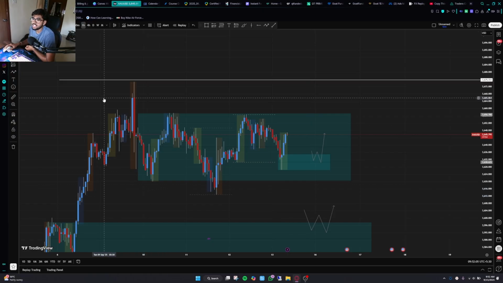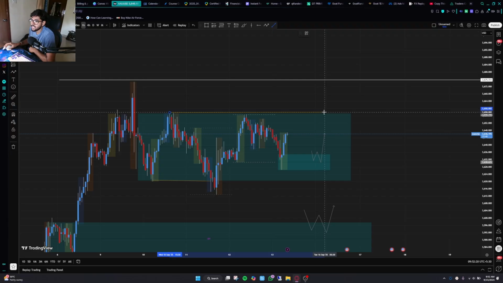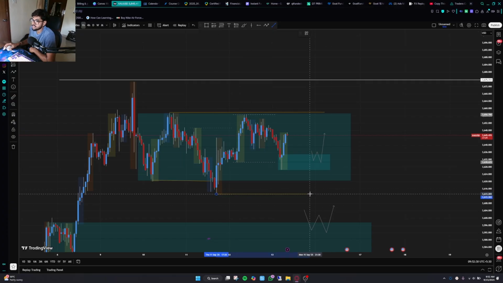And we can see that this is the 1 hour, right? And we can see in the 1 hour we are sort of in a downtrend, because we have got this torch right here. We've made this torch and this high is still intact. We are yet to see another break of structure from price.